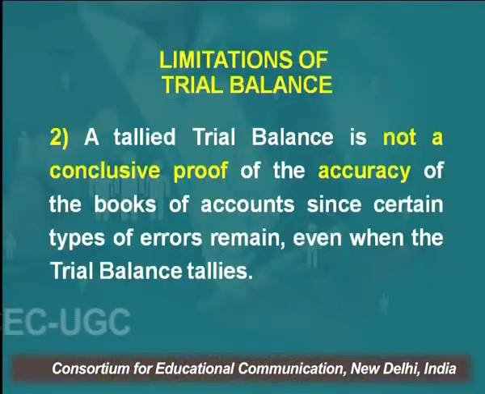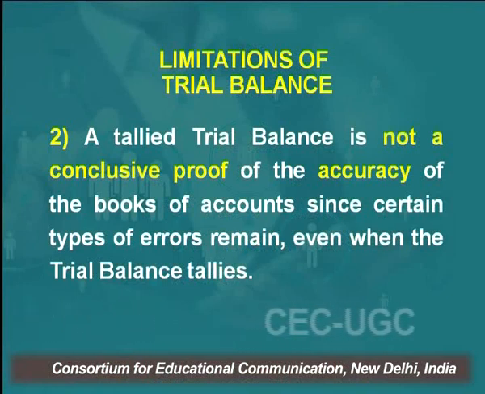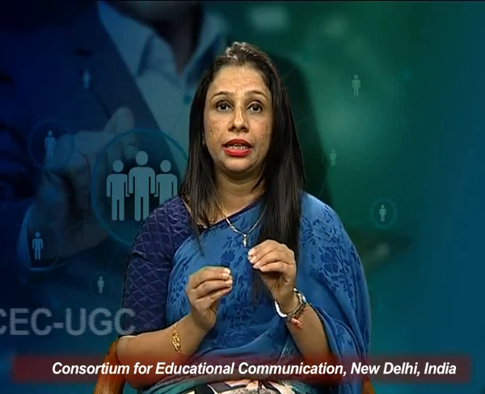The next limitation of the trial balance is that a tallied trial balance is not a conclusive proof of accuracy of the books of accounts, since certain types of errors, that is two-sided errors, are there even when the trial balance tallies. If we are saying our trial balance is tallied, your debit is equal to credit, that does not mean that everything is correct.